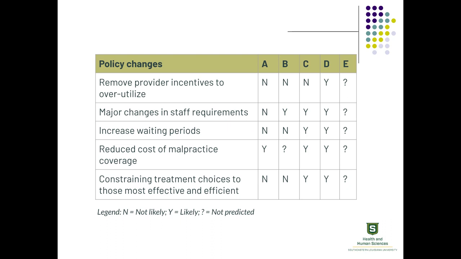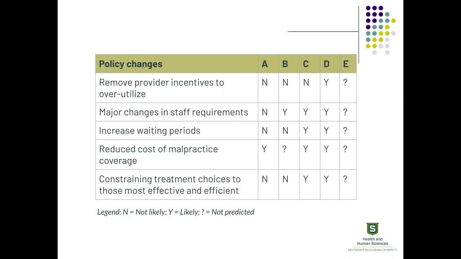Then you have your table with all your policy scenarios, and you put in N, Y, and so on. If you're dealing with too many unpredictable things, you're dealing with muddy waters, meaning you cannot clearly see what's going on underneath, and it's very difficult to decide whether this may be a safe one to go with. But you still have to consider what is likely and what is not likely.